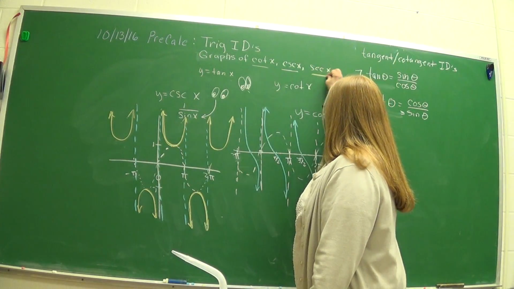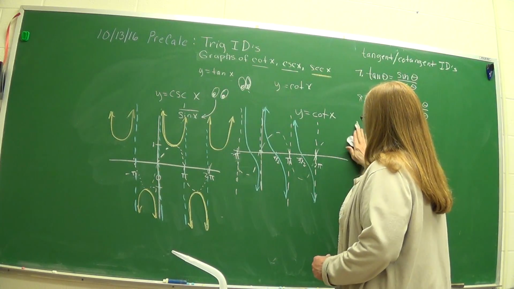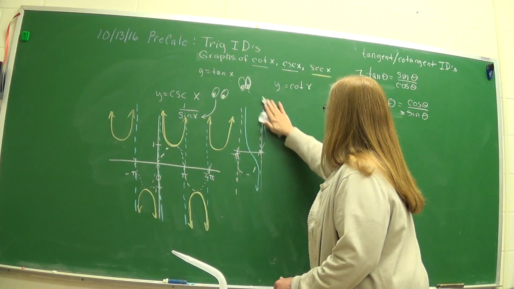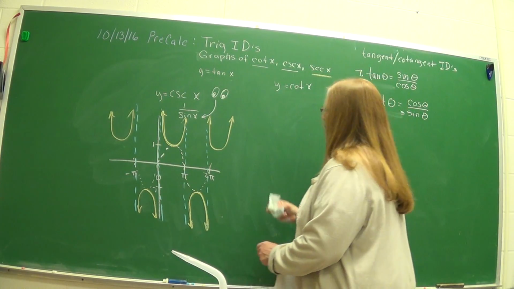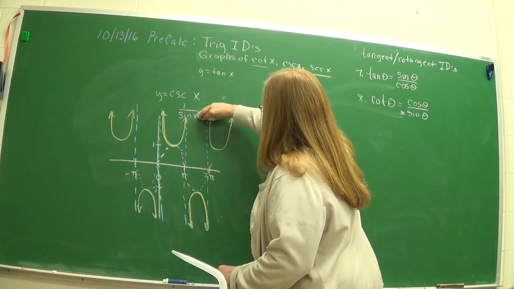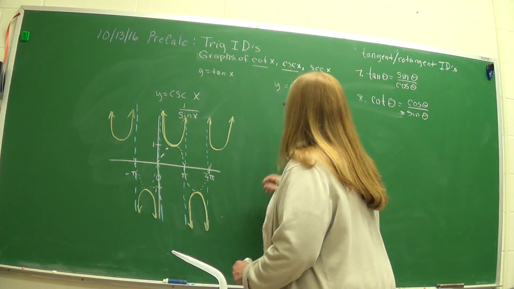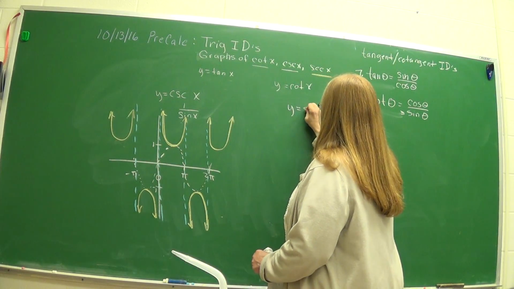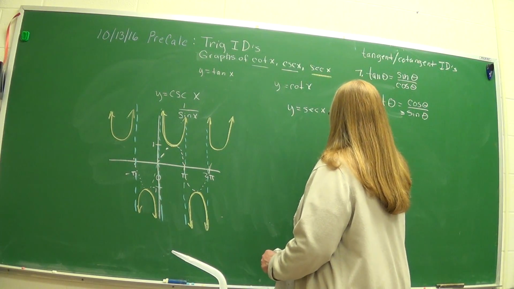So one more left for tonight, and that's the secant curve. So the eyeballs are going to help us, and see if you can work ahead of me. If I'm doing y equals secant x, I'm going to realize the secant is 1 over cosine x.